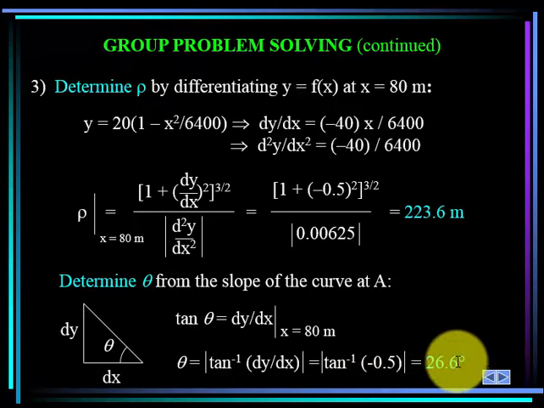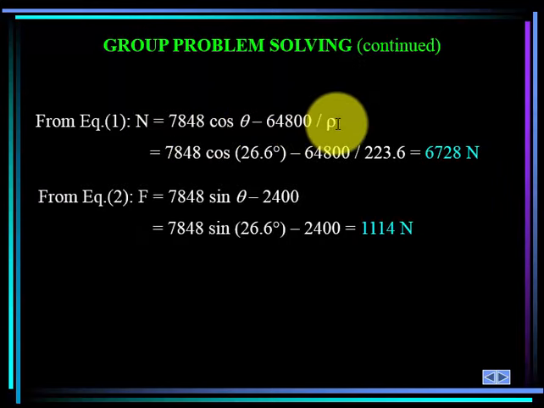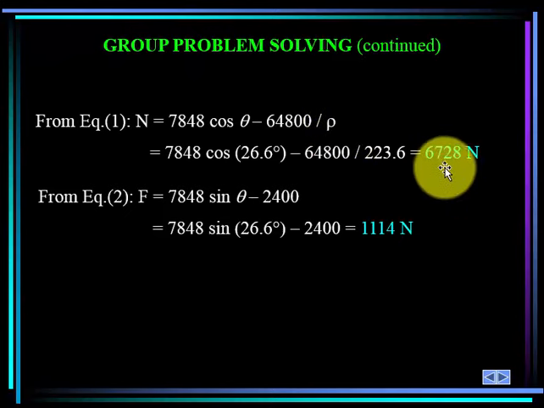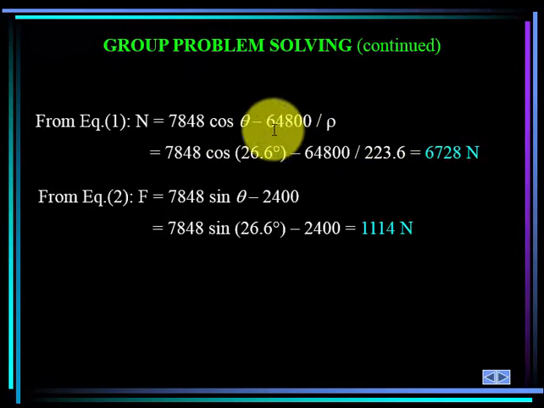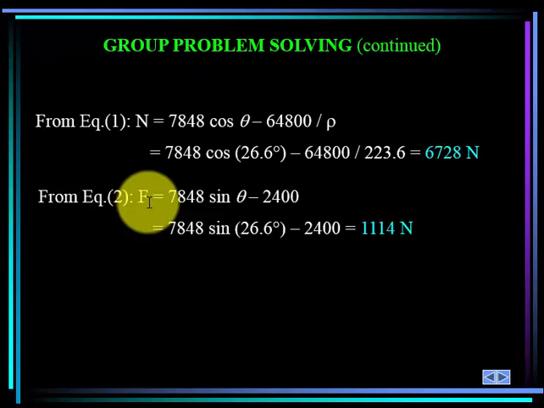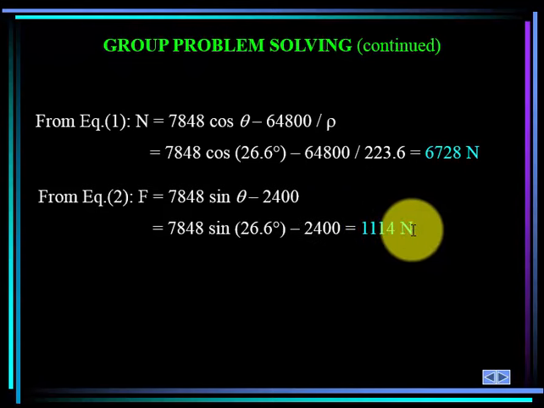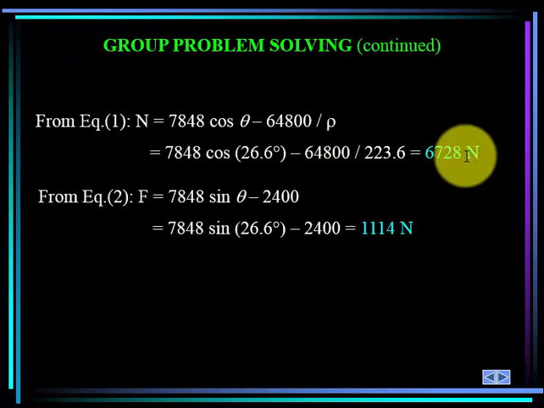We will get 26.6 degrees for the slope of the curve. And then we take the rho value, plug it into the normal force equation. We get 6728 newtons when we plug in rho and theta. When we plug in theta of 26.6 degrees into the tire force, the tangential force, we get 1114 newtons.